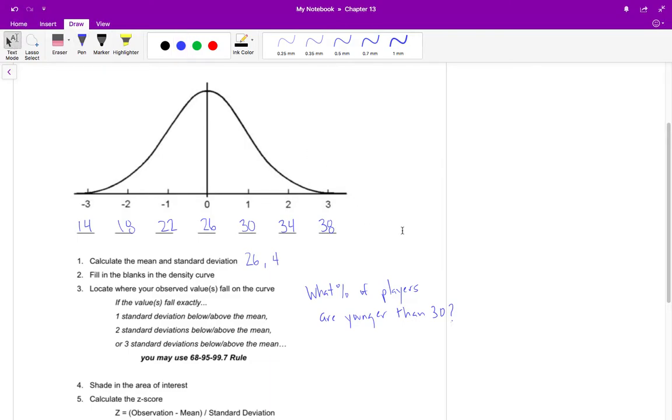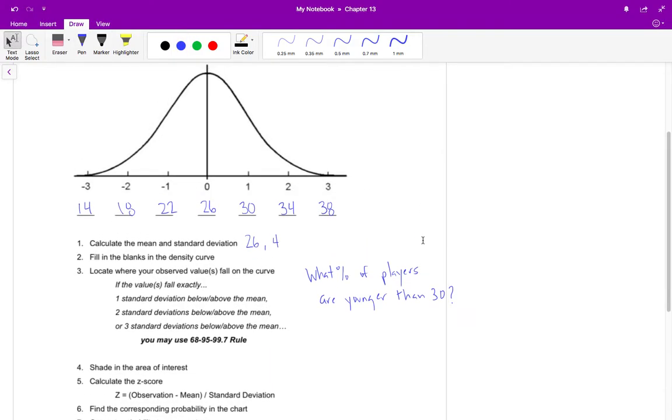And what I'm going to show you here today is that you can use this 68, 95, 99.7 rule if you want, okay? Up until this point, it's the only option that we've looked at, but there's a thing called z-scores, and z-scores work for any value, okay? And I'll explain what that means in a second, but to answer this question, let's try and use this rule first. So what percentage of players are younger than 30?